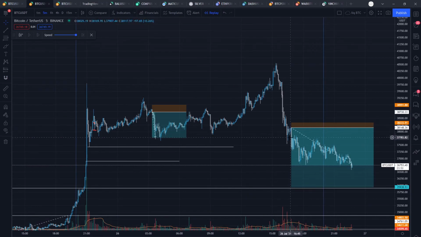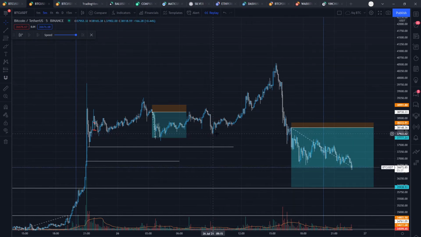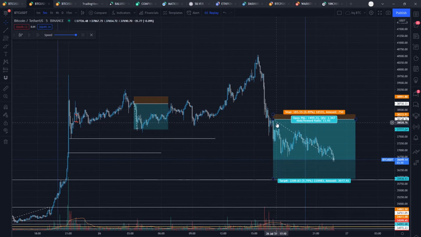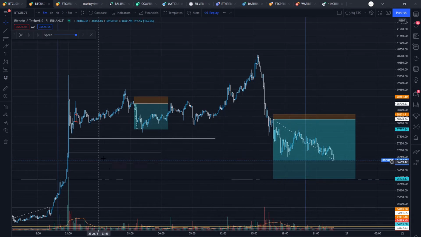I waited all the way till this area, where we took out these lows already. We took out all the liquidity down here and then traded below this order block, which I saw as an important point or a structure shift. And then now we were bearish. So that's when I get involved in a short to target these imbalances.